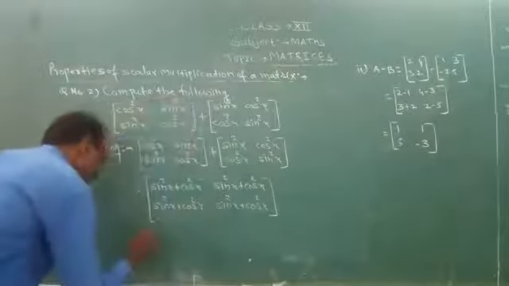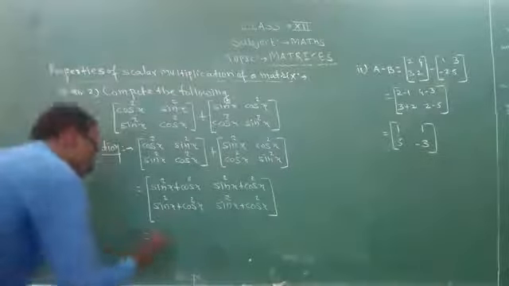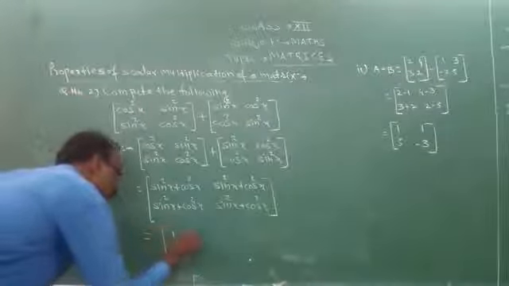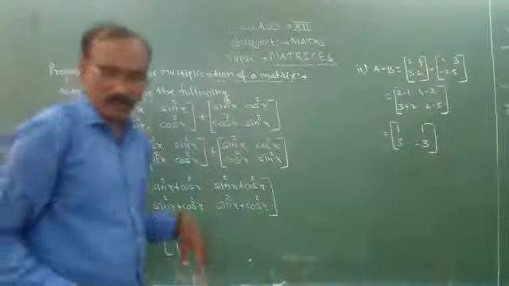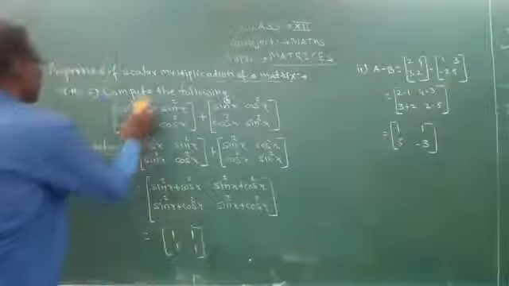We know the identity sin square x plus cos square x is 1. So we get here 1, 1, 1, 1. So this is the answer of this. We can add two matrices in this way.